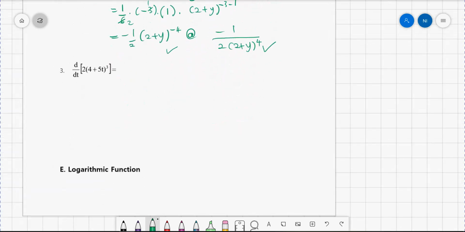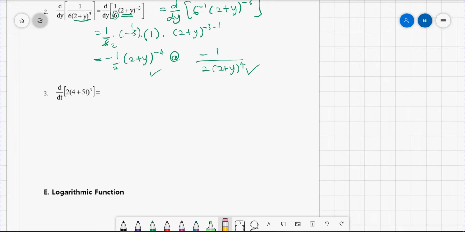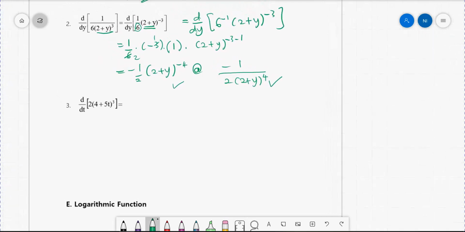Okay, the third one we have, actually this one. Differentiate 2 times (4 plus 5t) to the power of 3 with respect to t. And it will be, okay, 2 is the constant at front. So next, bring the power to the front.